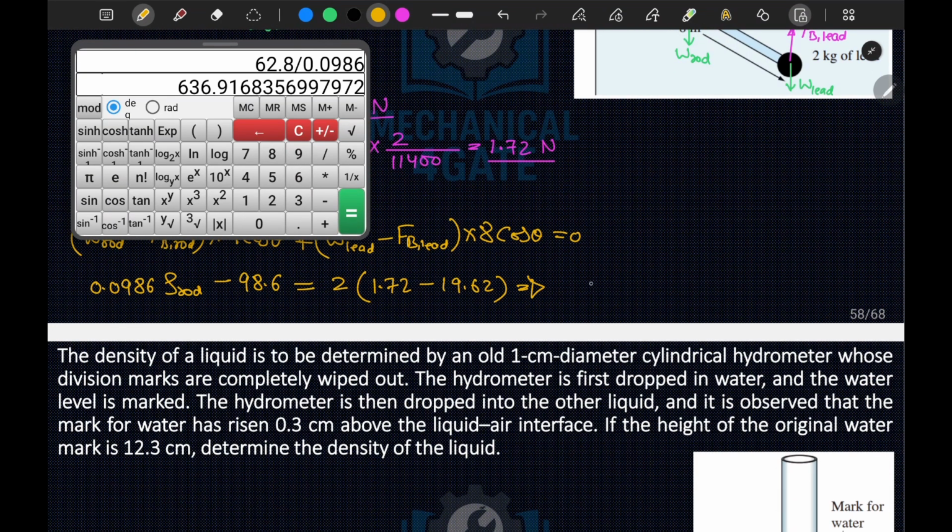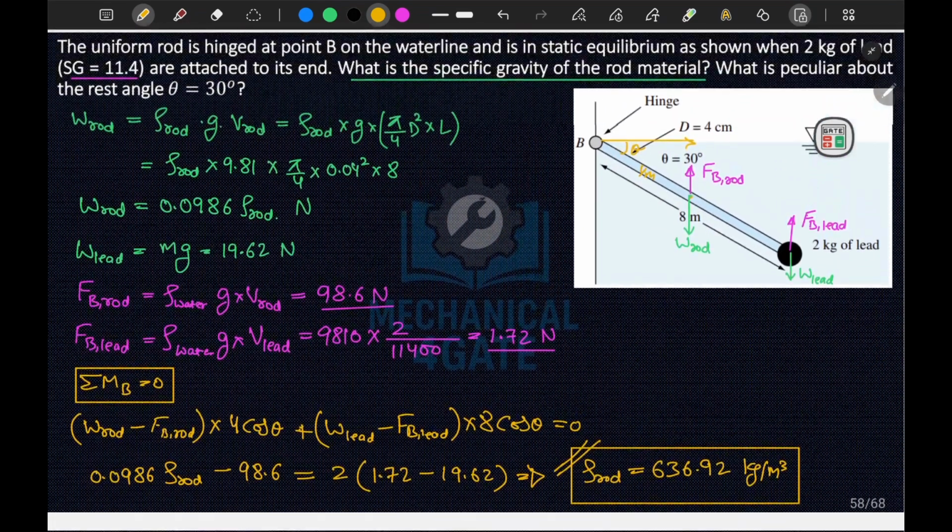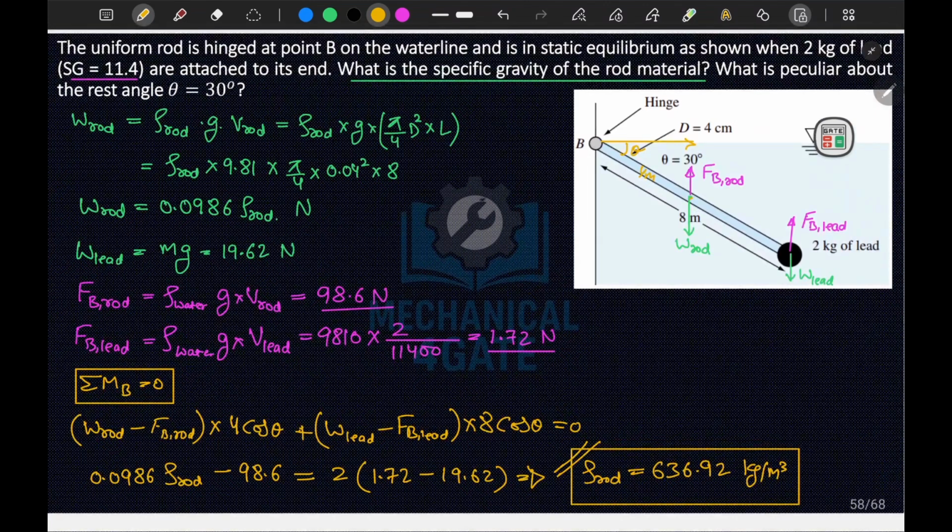From here I can write that rho of rod is equal to 636.92. So this is the density of the rod.